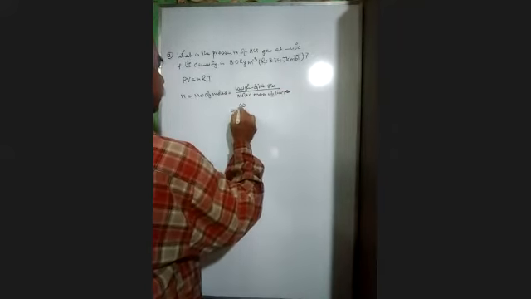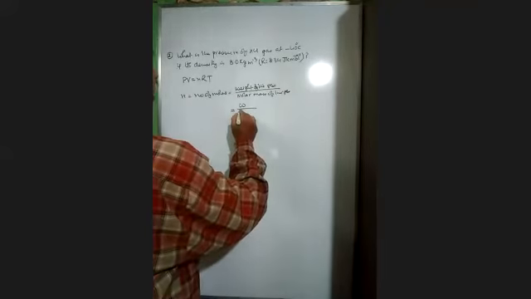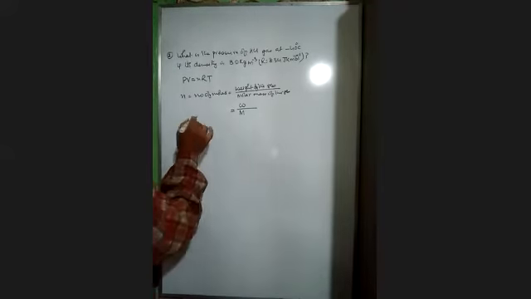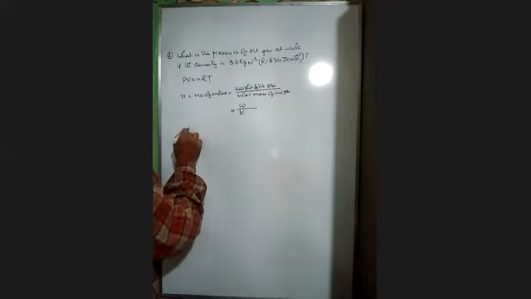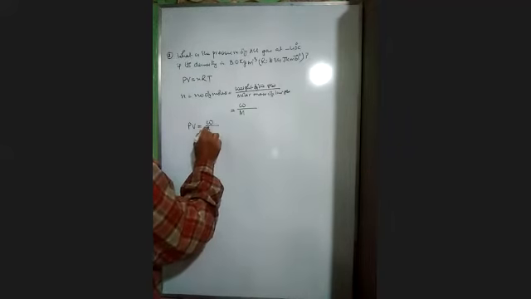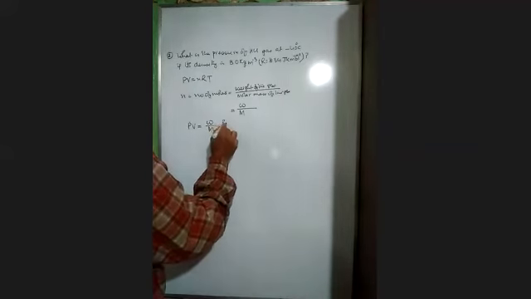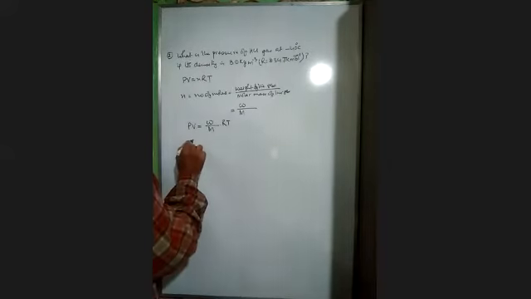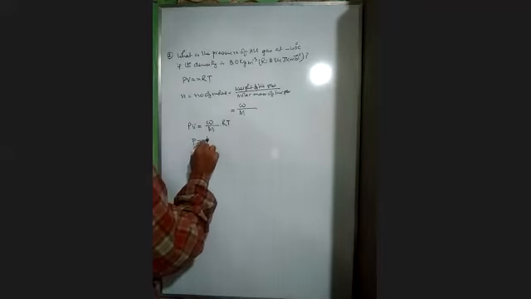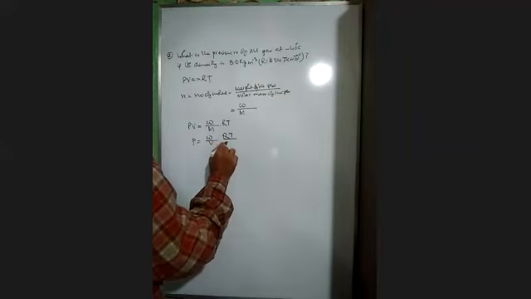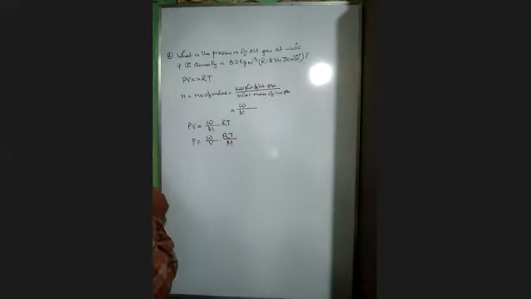So let me write here abbreviation. W is weight of the gas and M is the molar mass of the gas. Okay, so let me substitute in the main equation. I will write here PV is equal to W by M RT. Now I can write again here P is equal to W by V RT by M. What is W by V?